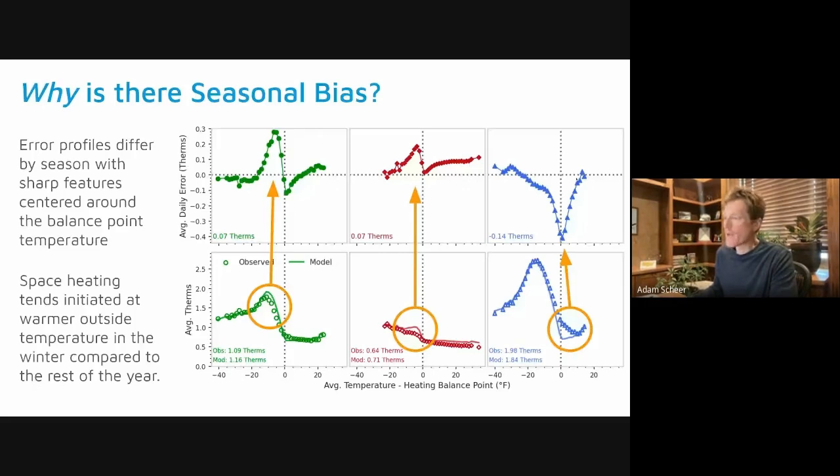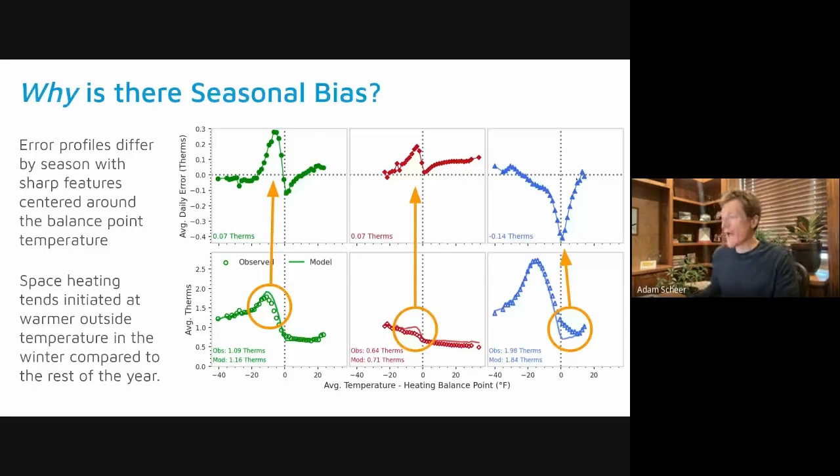And the opposite is true in the summer. So that's telling us very simply that on average, if your CalTRACK model's annual balance point temperature is, say, 65 degrees, then in the winter that is a substantial underestimate, and in the summer it's an overestimate.